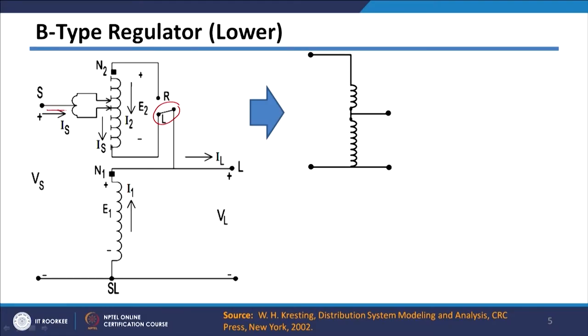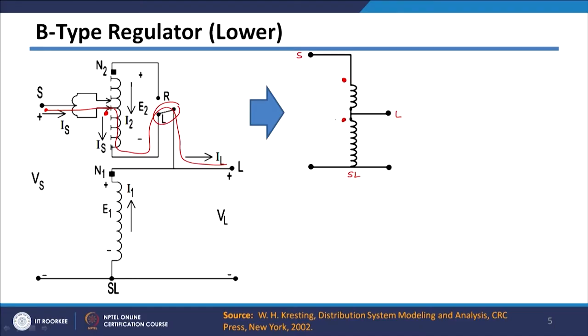In this case current will come through the regulator winding and go to terminal L. If you see this dot, it will appear here, which is at terminal S. If this is your terminal S and this is L, then this is common, SL I can say. So, the dot in this case is towards terminal S, and I can put this dot here and this dot of the common winding at the same position.